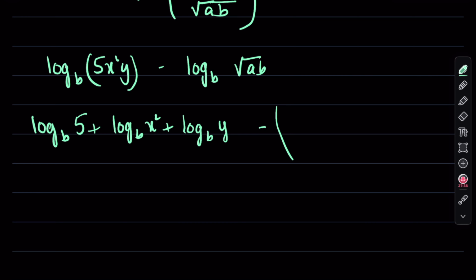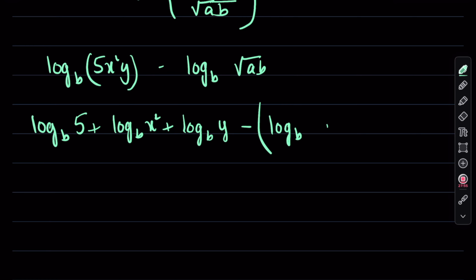So negative log b, well, I can also write it in terms of, well, just screw it. Okay, let's write it as negative log b. Oh no, I have to keep the control of the bracket, so it becomes ab whole power half.